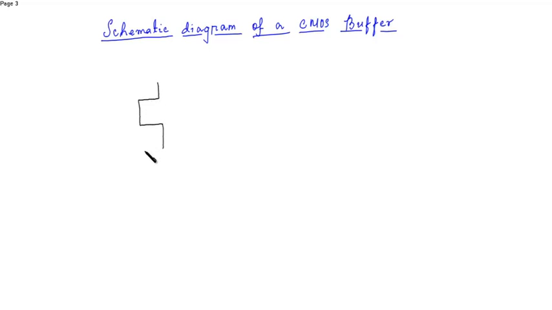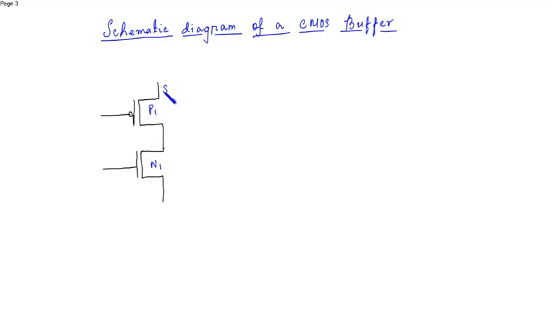This is the PMOS, and then we have the NMOS. So this is P1, this is N1.